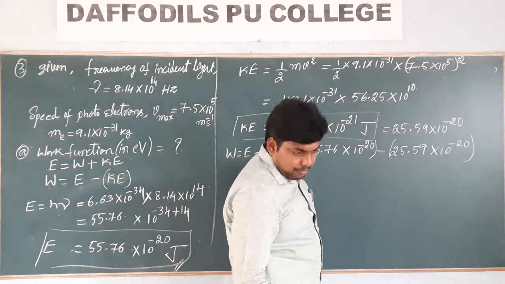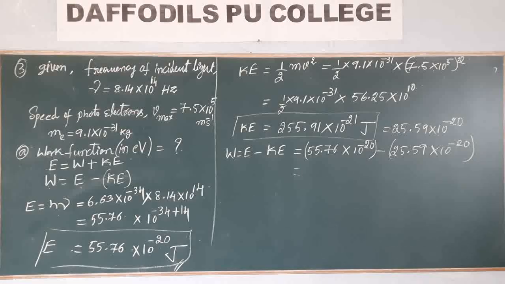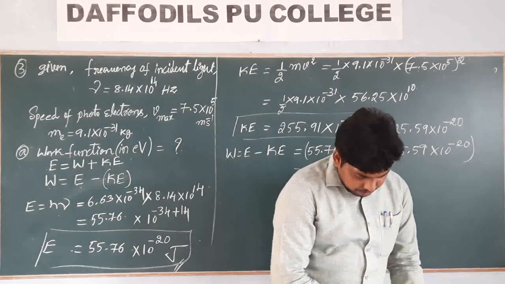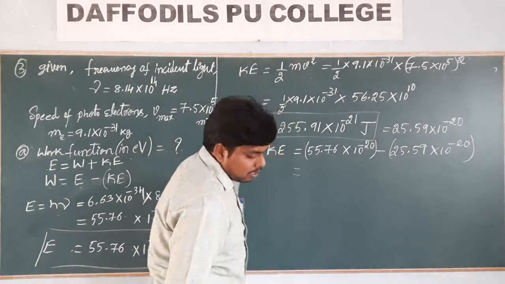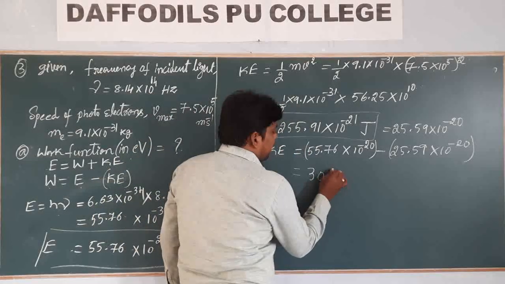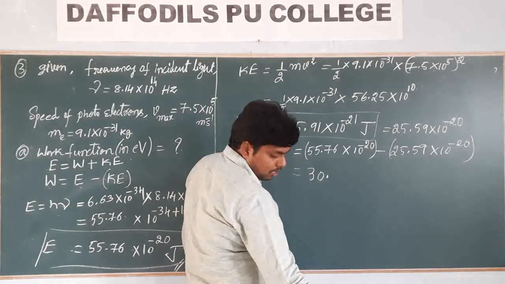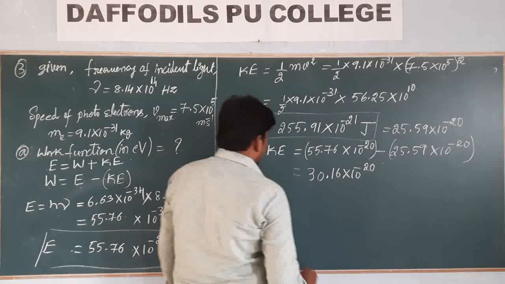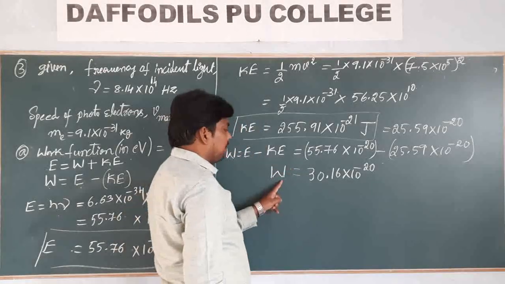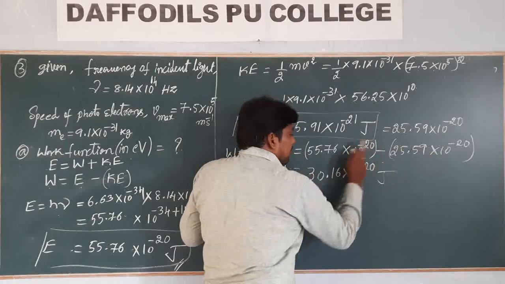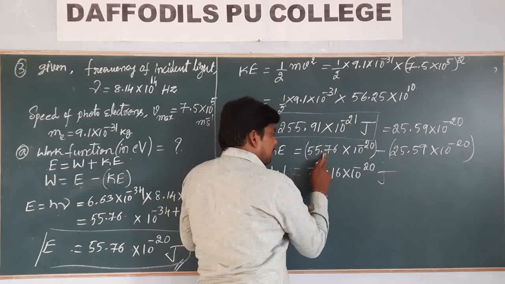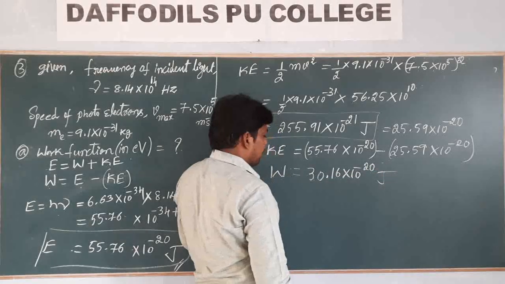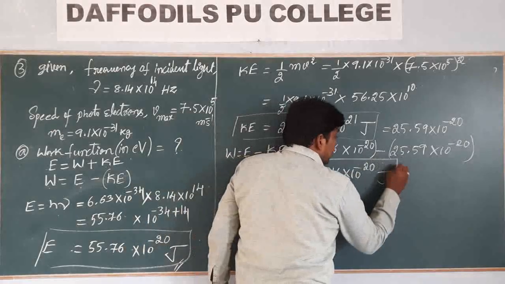If you simplify that, it is nearly 30.16 into 10 to the power minus 20. This is the value of the work function. We got the work function in terms of joule.